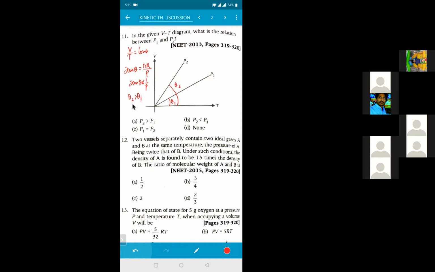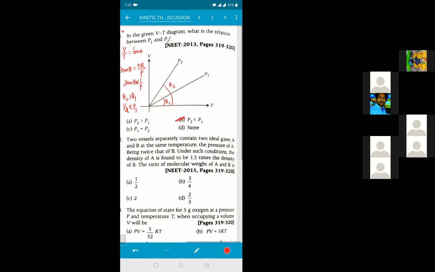Since it is inversely proportional, obviously P1 will be greater than P2. P2 greater than P1 is not possible, so P2 is lesser than P1. This will be the answer. Very good question. Next one.